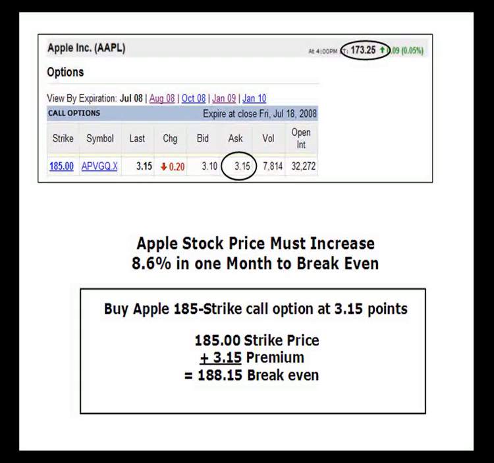This option premium would consist of all time value and no intrinsic value. The break-even price for this call option purchase would be a stock price of 188.15 at option expiration in about 1 month. Apple stock price would have to increase 14.9 points or 8.6% in order to break even on this trade.